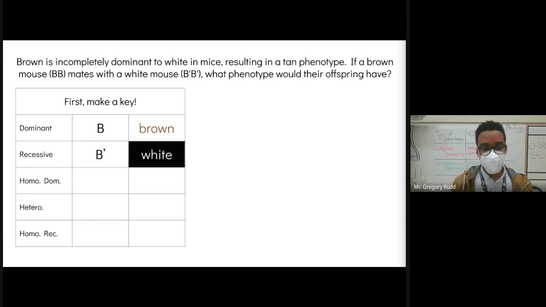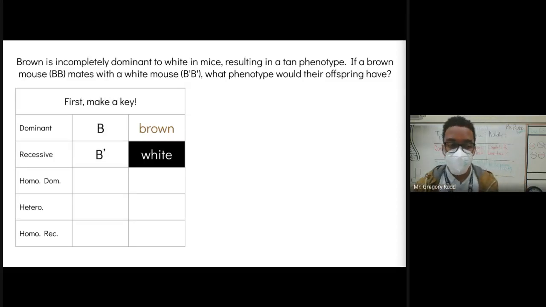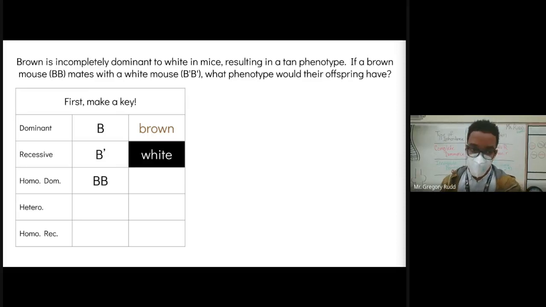White. Good. Okay. And Sally, what would be the homozygous dominant genotype? Capital B, capital B. And which phenotype is associated with that? Brown. Good.